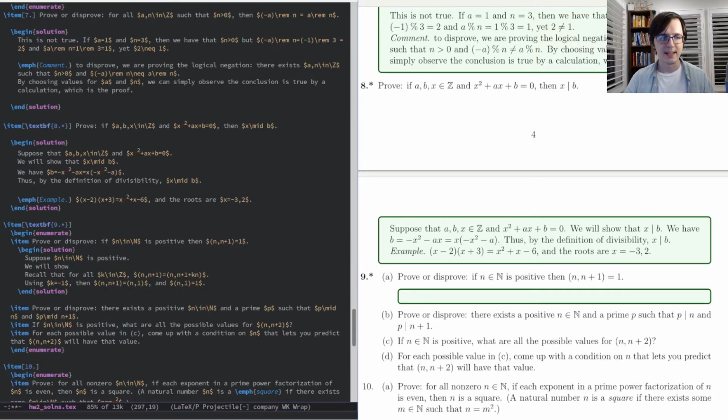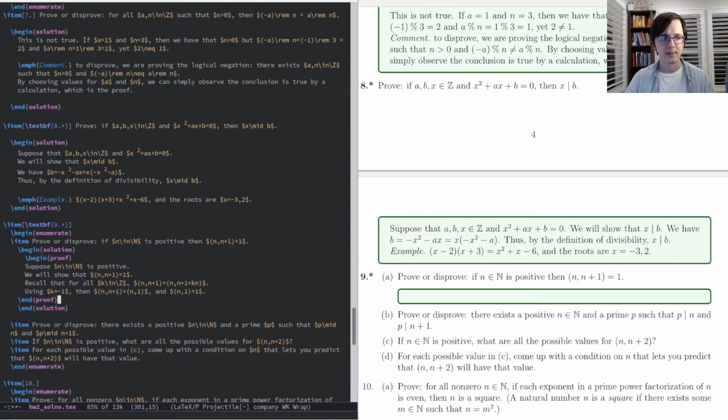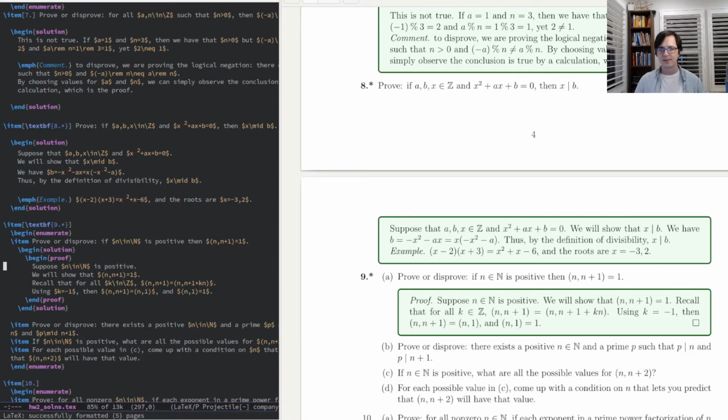And for the sake of formality, let's say that we will show that the GCD of n and n plus 1 equals 1. So that's that. And let's wrap it in a proof. See how that looks. Okay.